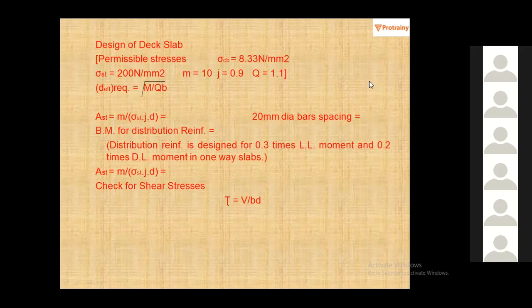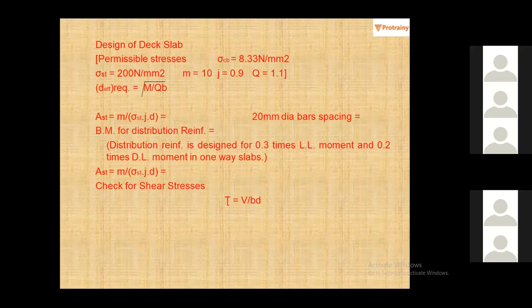Sir, can you tell me the small b value? What are you trying to say? Sir, the M value is 185 into 10 raised to 6 after converting, divided by 1.1.